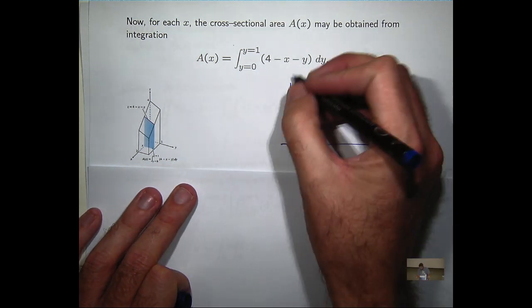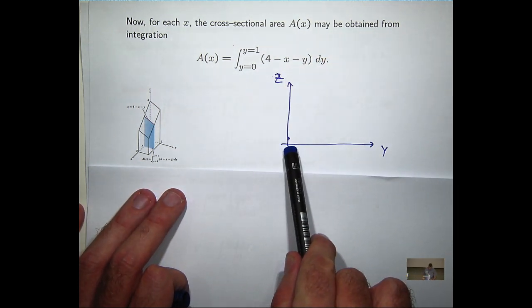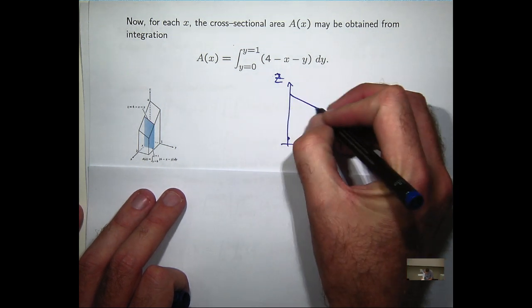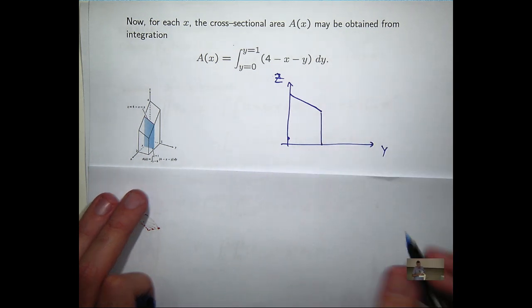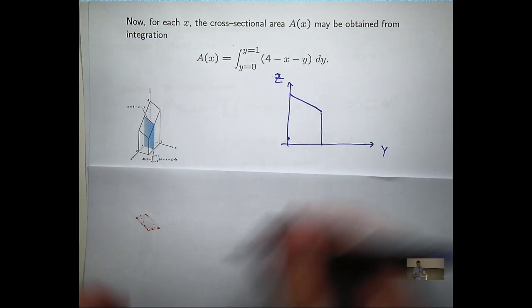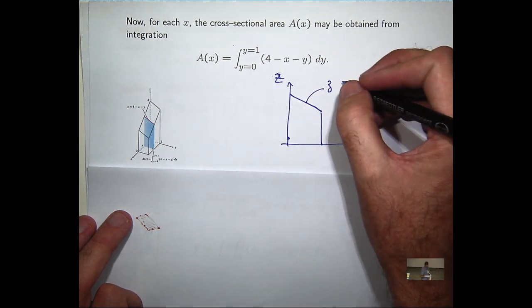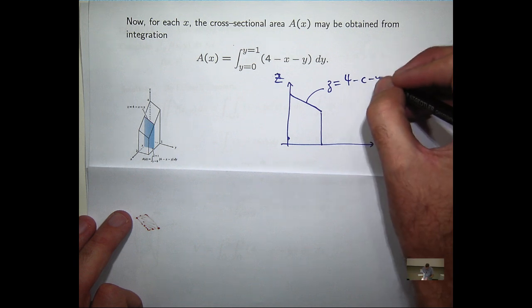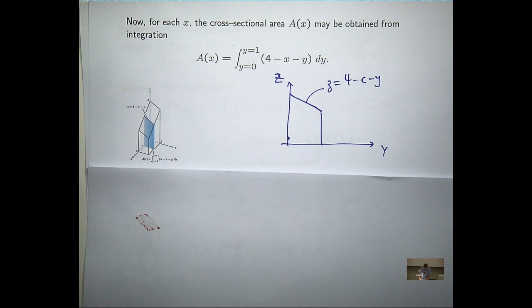So imagine the positive x-axis is coming out of the screen at you. Now this is just z. z equals 4 minus x minus y.